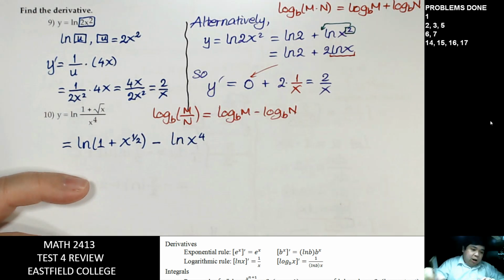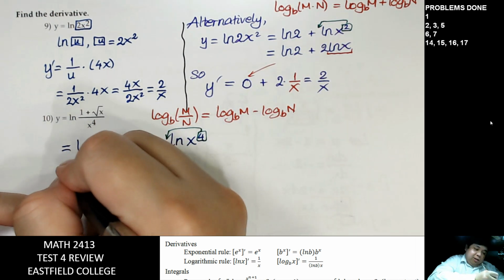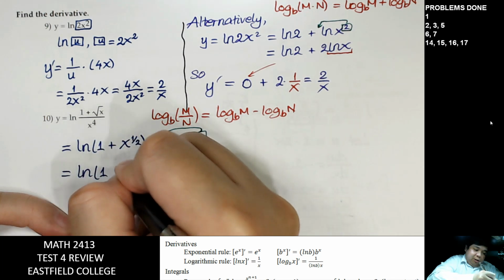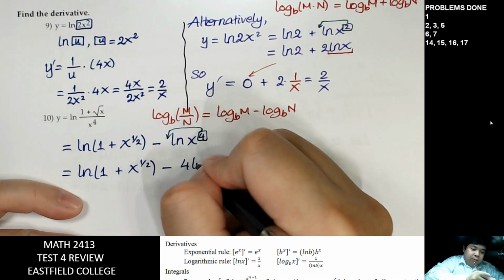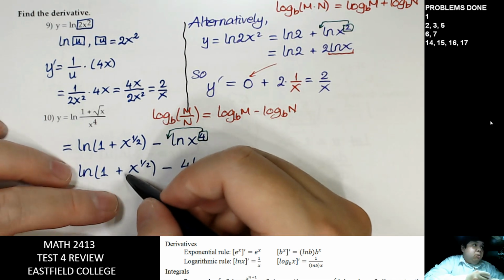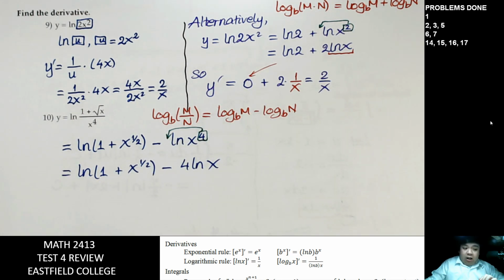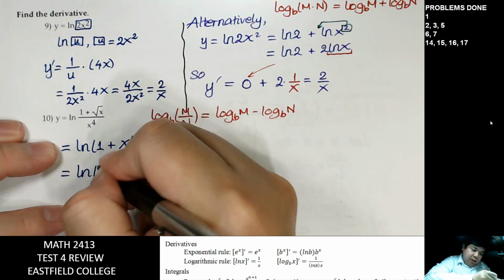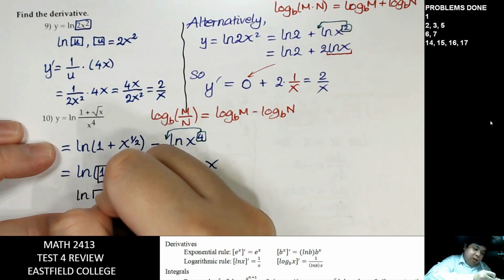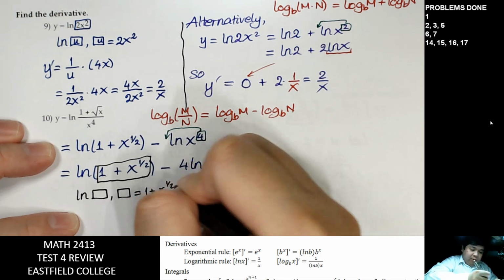We can take the 4th outside. Notice that ln of the sum, we cannot do anything with the sum here. So that is as far as we simplify this. And then we use the chain rule. So this is the box, ln of the box, and the box is 1 plus x to the 1/2.